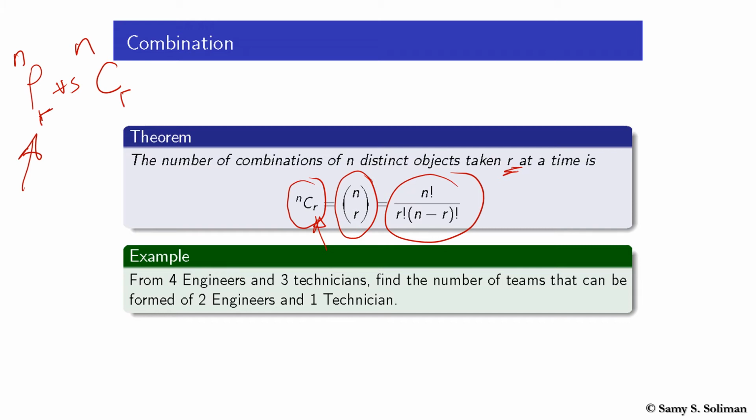For example, if we have a set of 3 letters A, B, C versus the same set of letters but with a different arrangement like A, C, B, these represent 2 different permutations, because in calculating the permutations the order is important.